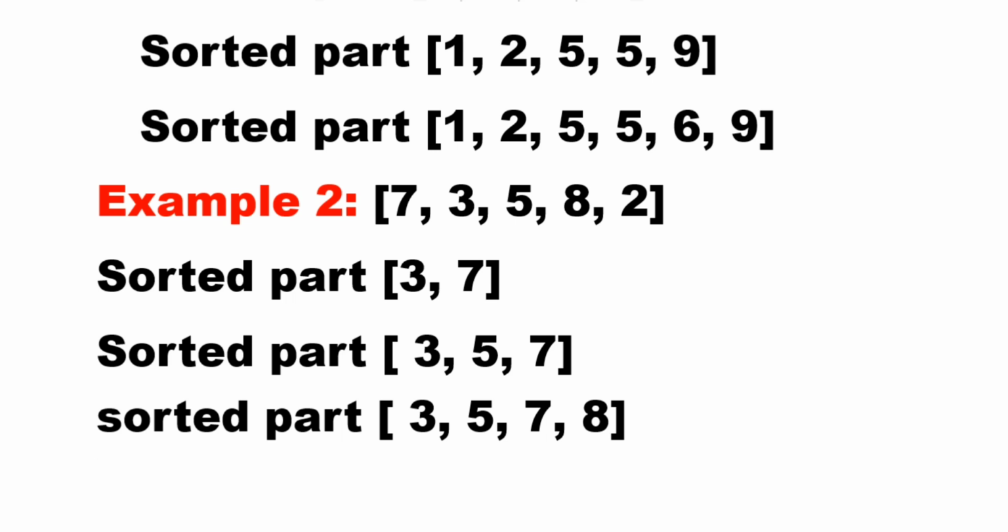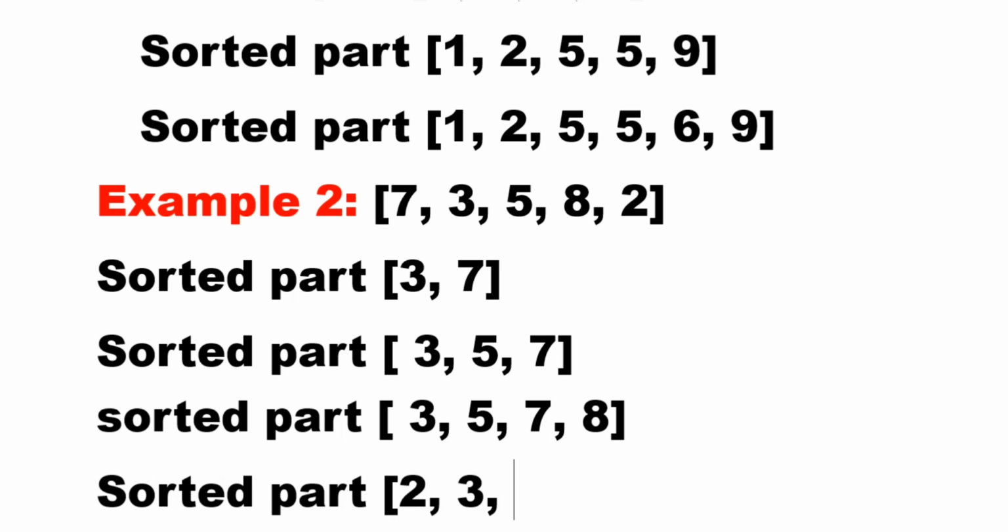We need to insert it before 3. The sorted part is 2, 3, 5, 7, 8. This is the final sorted array: 2, 3, 5, 7, 8.